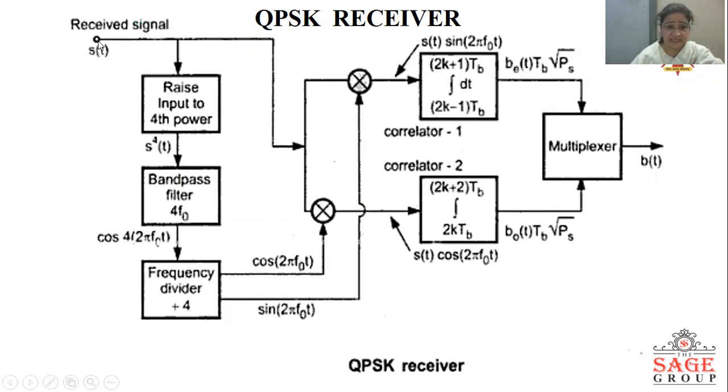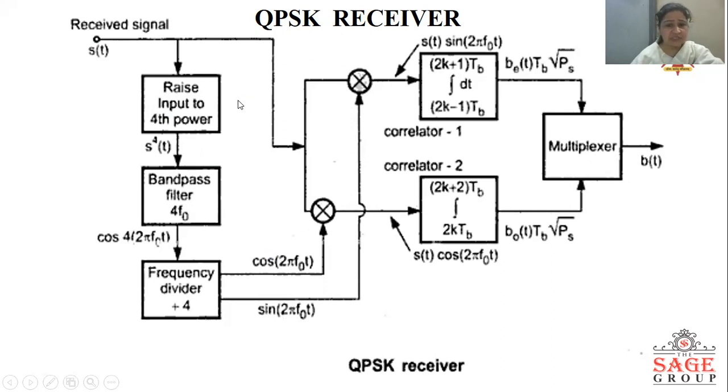Say the signal is s(t). Now, in the transmitter section, we have already seen that two carriers are used, at a phase difference of 90 degrees with each other, which are cos omega naught t and sin omega naught t. In the QPSK receiver, the demodulation method used is the synchronous detection method.